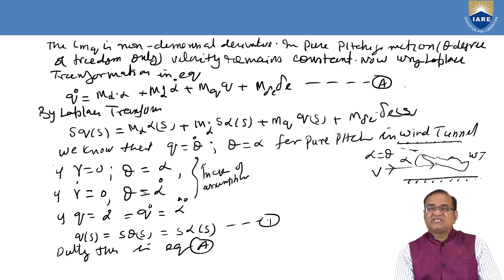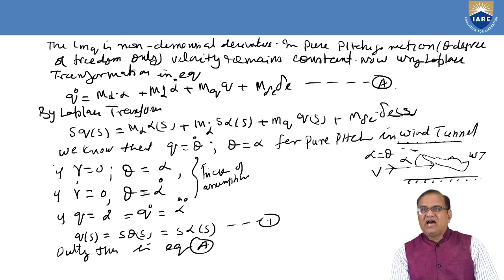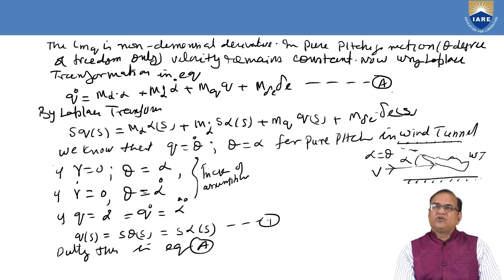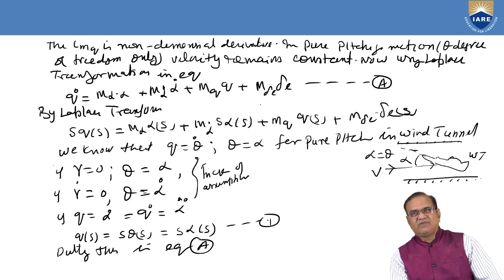To solve it, we have to convert it into an algebraic equation, which can be solved with very simple algebra. So the objective of the Laplace transformation is to convert this differential equation into an algebraic equation.